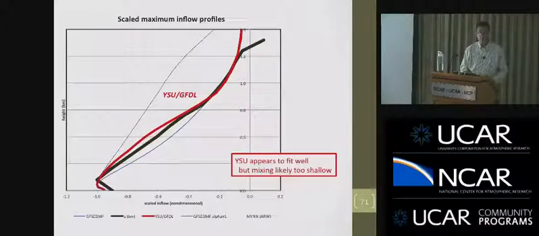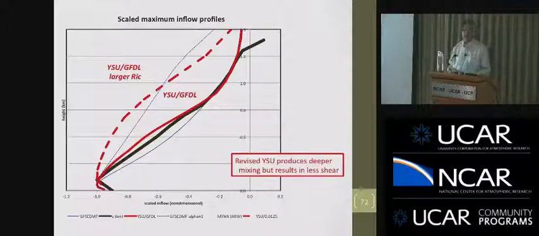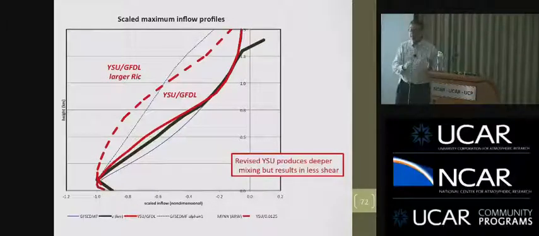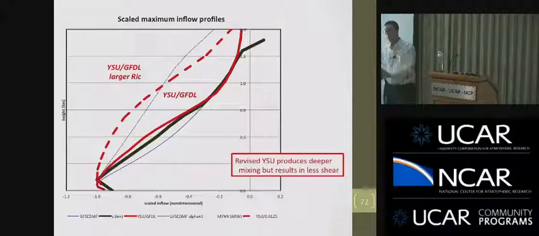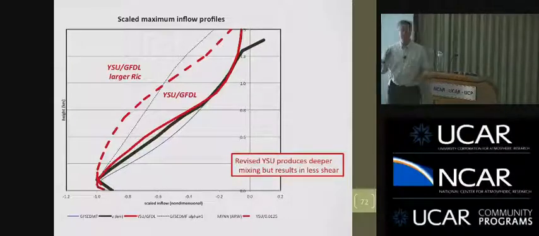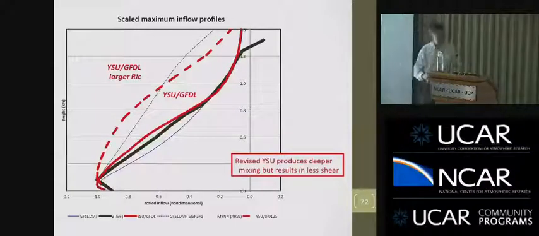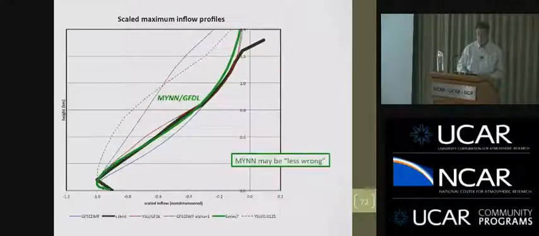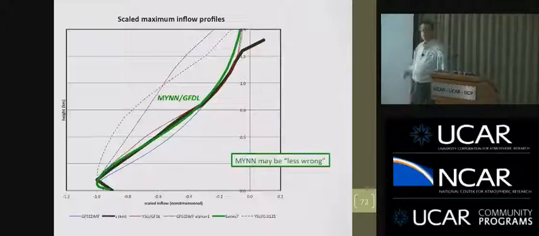So let's twist that, and the results get worse. The mixing may fit the mixing observations better, but the vertical profile of the inflow does not fit the observational composite as well. So that's telling me that basically the YSU may be getting the mixing better for the wrong reason. Finally, MYNN looks like it's nearly perfect.